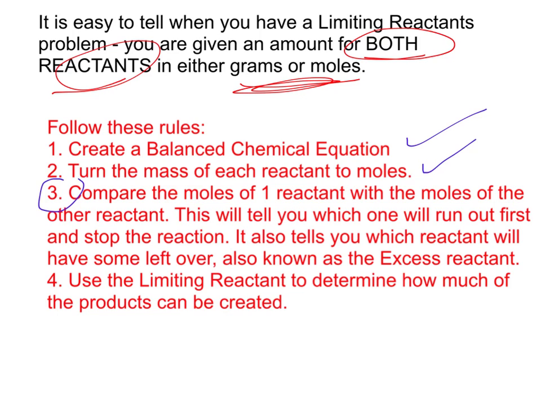Number three is the only one that's different, and that's where we compare one reactant with the other. The one we have an excess amount of becomes our excess reactant, and the one we don't have enough of, which is going to run out, becomes our limiting reactant, and the limiting reactant is the only one I can use to determine how much product I can actually make.